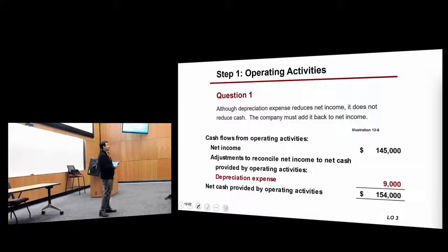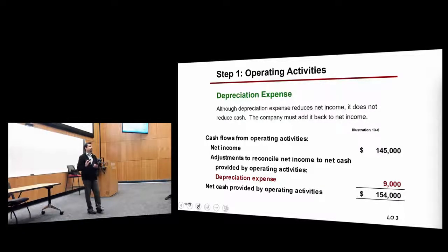So, depreciation expense. Now, again, we're doing operating activities. Depreciation expense, and by the way, amortization expense and depreciation expense are treated similarly. We know that it has decreased net income, it should not have. So what do you do?